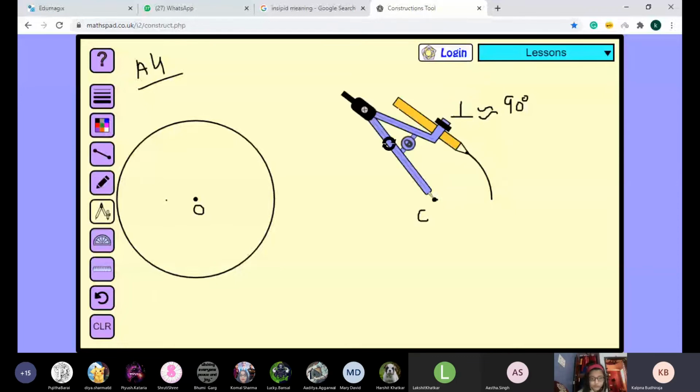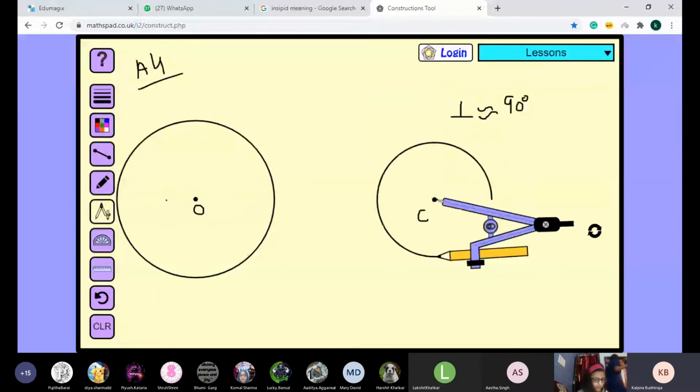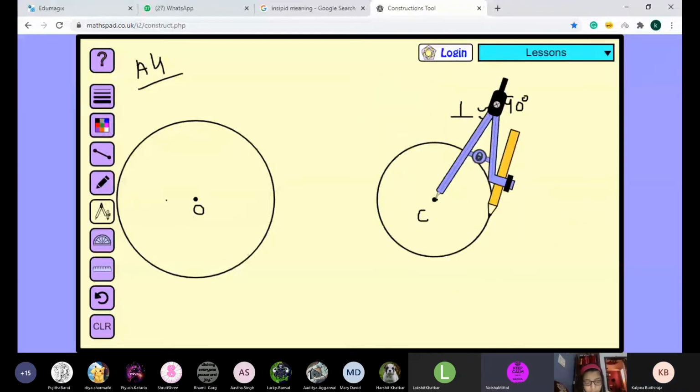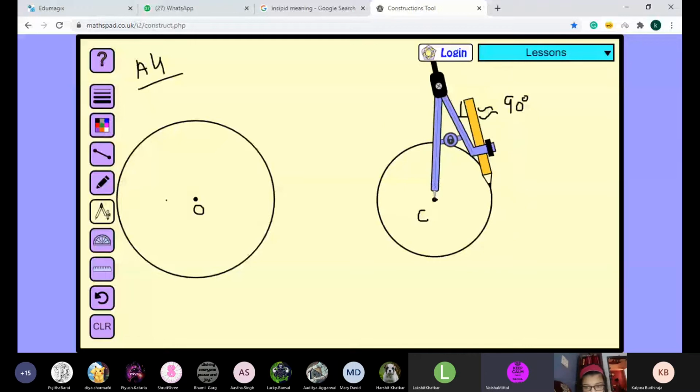Ma'am, can you explain how to draw this circle? Naisha, I am recording this session. You can watch this session again. So quickly, I can give you the hint that you have to draw two circles in this case.